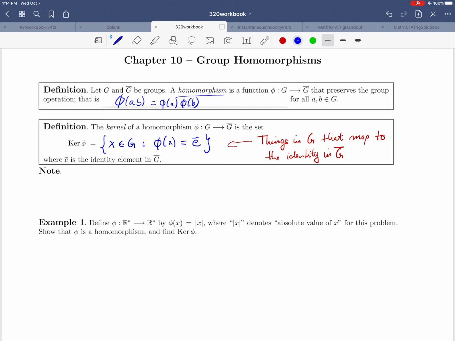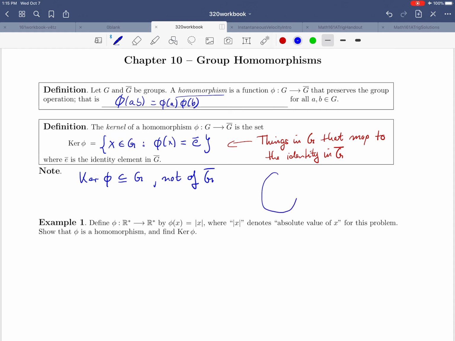Now, one note: the kernel of phi consists of elements in G, so it's a subset of G. Even though it's defined via a property that has to do with the identity in G bar, the kernel of phi itself is a subset of G, not of G bar. And so we could draw a little picture.